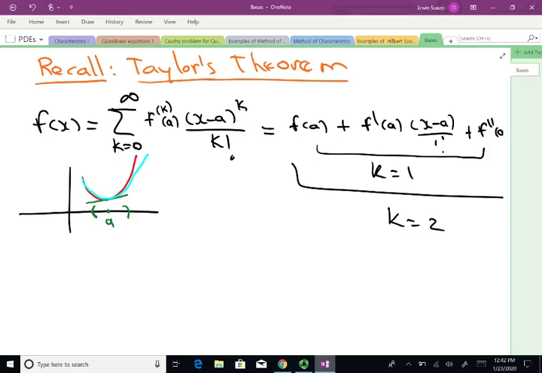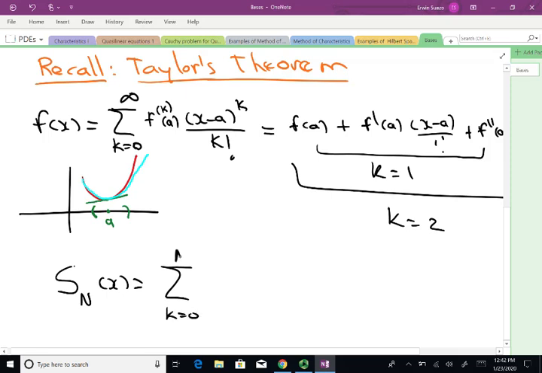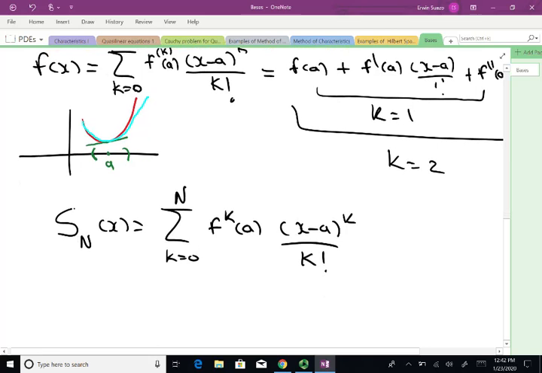You saw in Calculus 2, you can call S_n of x the finite sum from k equals 0 to n of these terms. So you're taking finite sums of this: k equals 1, then k equals 2.